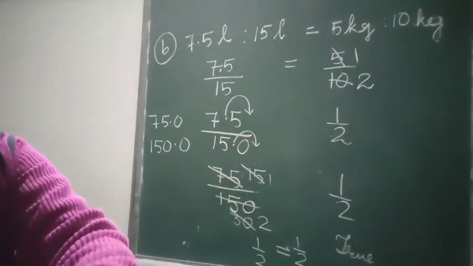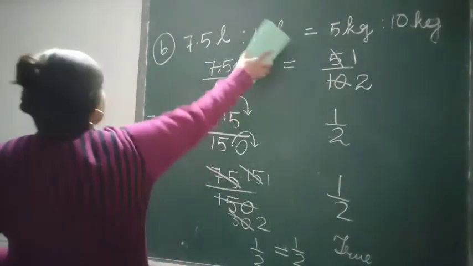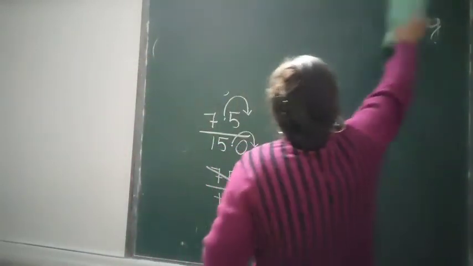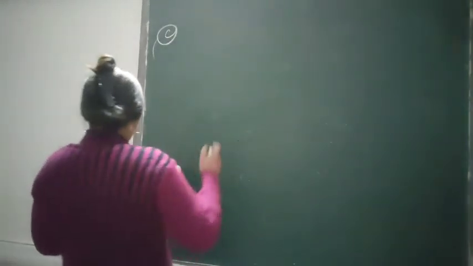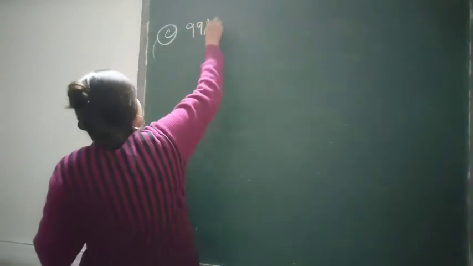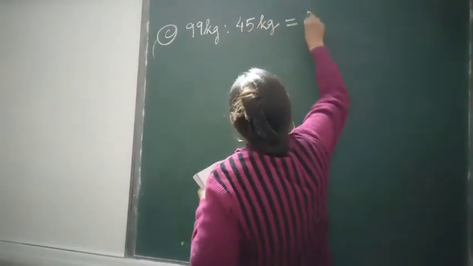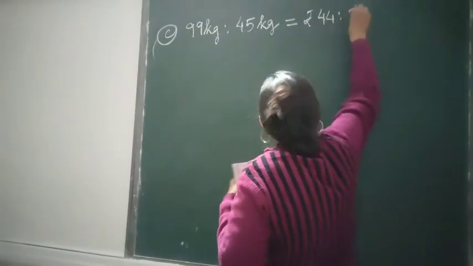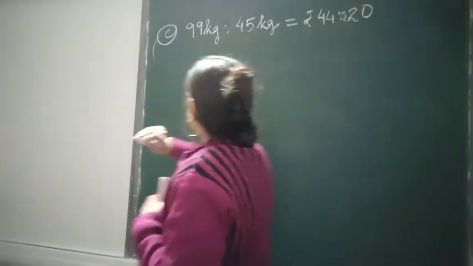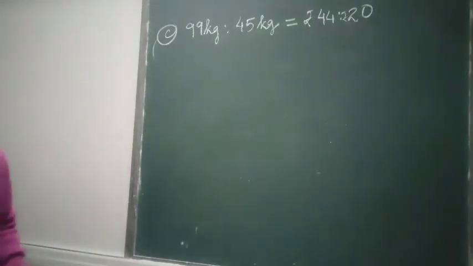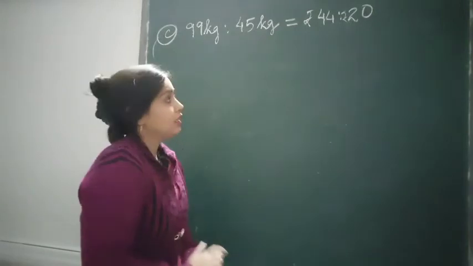Then we go to the C part, children. So 99 kg is to 45 kg, which should be equal to 44 rupees is to 20 rupees.